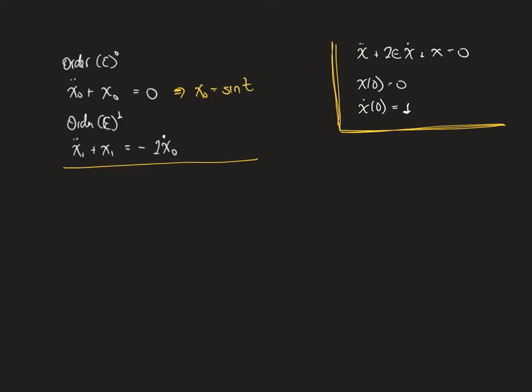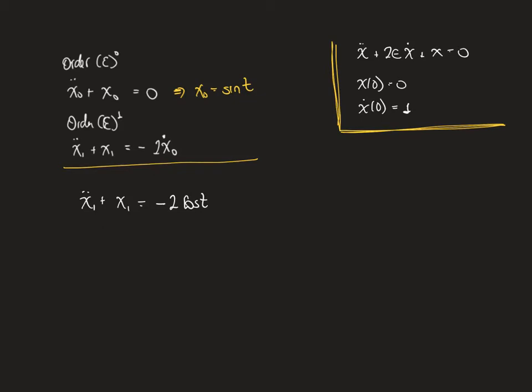Now we go into the second equation and we want to solve it. Then we have minus 2 cosinus of t, okay, the derivative of this. So the characteristic solution of this equation is not the same as this one, because now we have a forcing term in here.